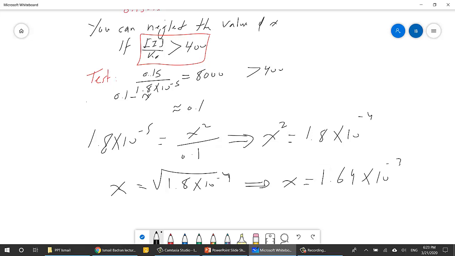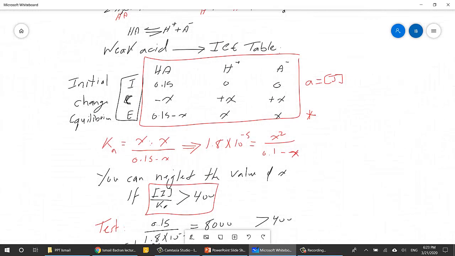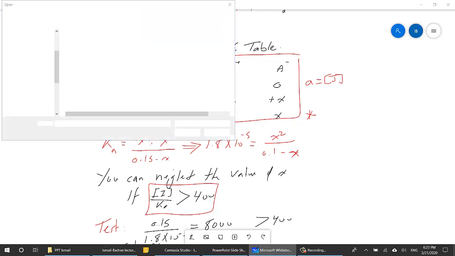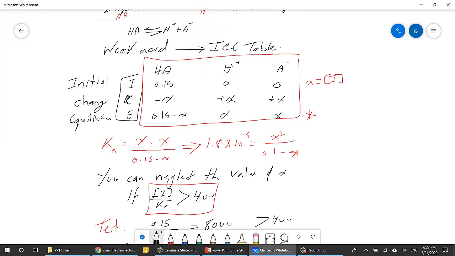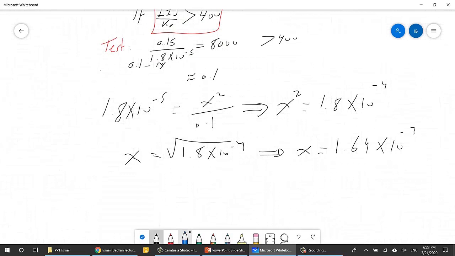Now what does that X value represent? If you go back to the question, X is equal to the concentration of H plus at equilibrium. So that's the whole reason why we are calculating X. X is equal to the concentration of H plus after we put in the CH3COOH.